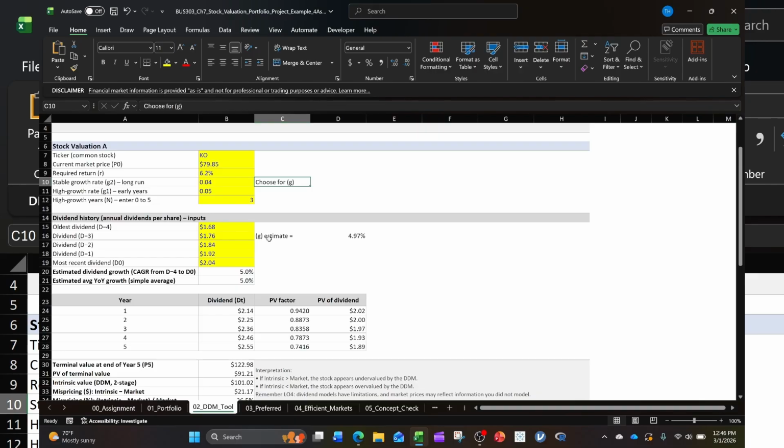When we calculated G for Coke, we came out with 5%. That's your early years. So they're saying the quick rate is going to be 5%, but over a long term, realistically, you're going to go with a little bit lower rate. So it's 4%.